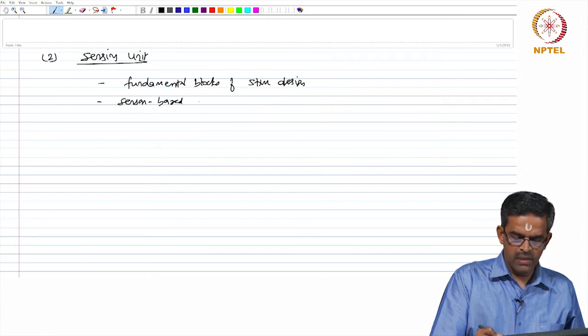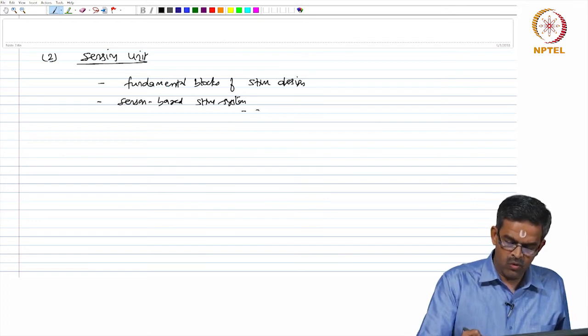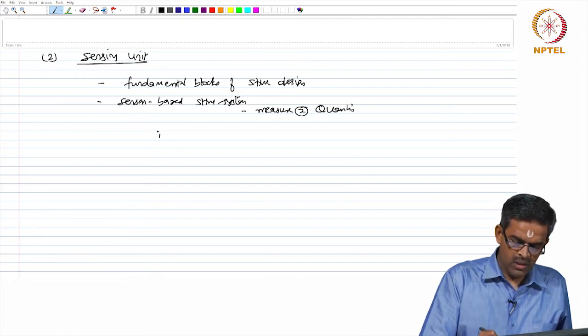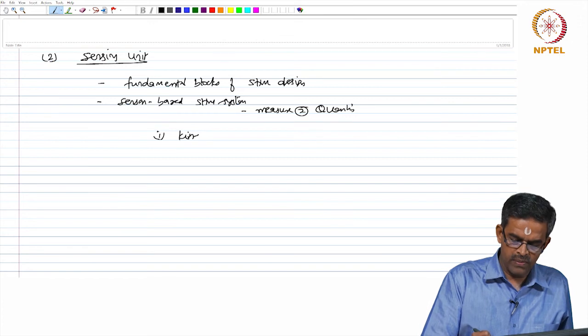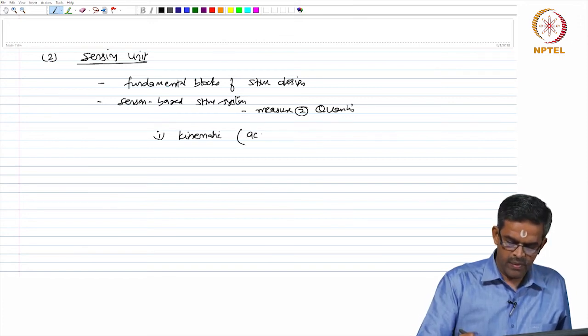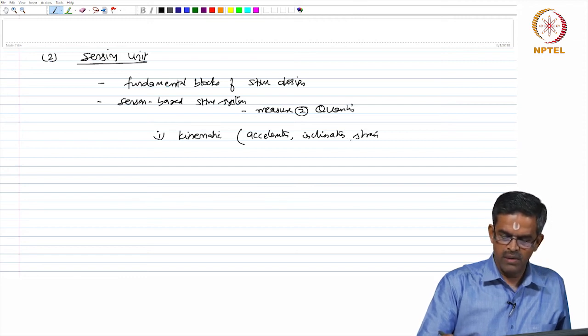A sensor-based structural health monitoring system measures two quantities. One is kinematic quantities like acceleration, inclination, strain and displacement.